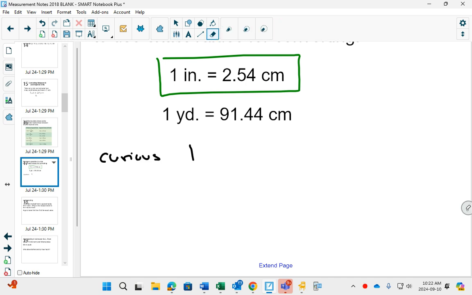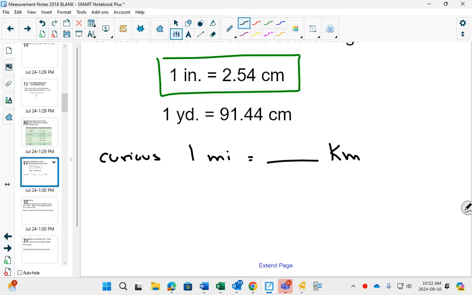So just for fun, I am curious: 1 mile equals how many kilometers exactly? This is going to be a little bit tricky because I have an approximation. I know that it's approximately 1.6. These are the things that I have for exact measurements.